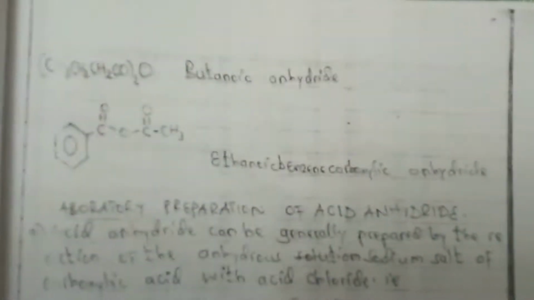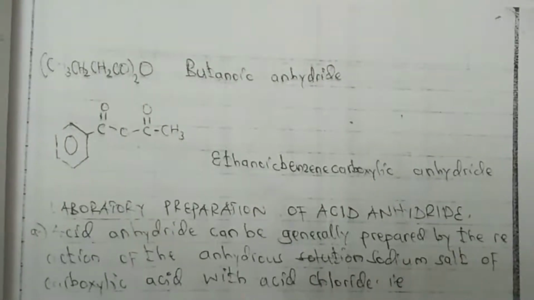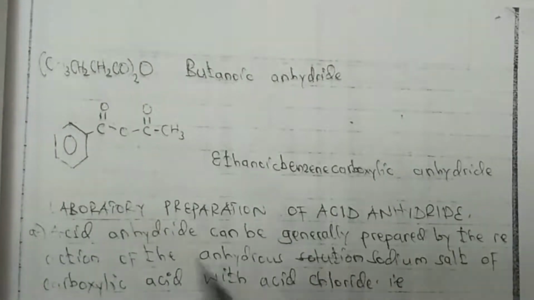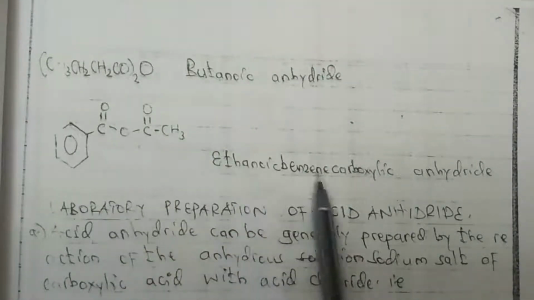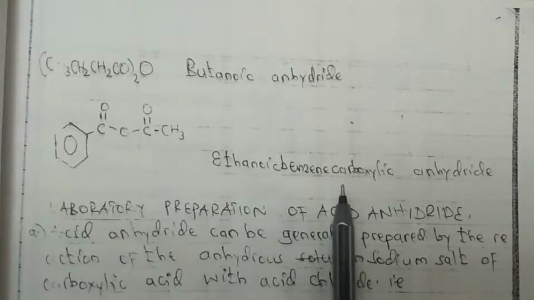Unaona kuna butanoic anhydride ambayo tuna butanoic acid zimecombine, na tuna ethanoic benzene carboxylic anhydride. Manake jina acid palipotakiwa kukaa acid inakaa anhydride, ila vingine vyote vina remain the same.